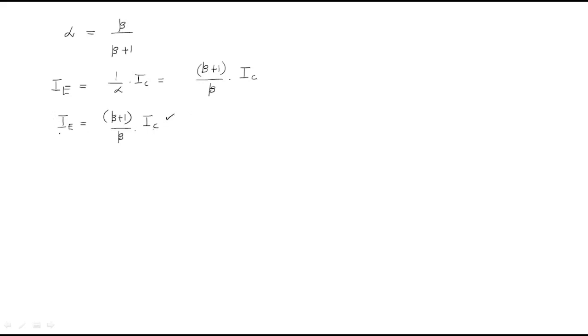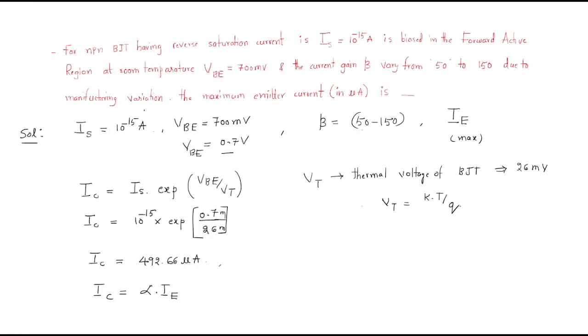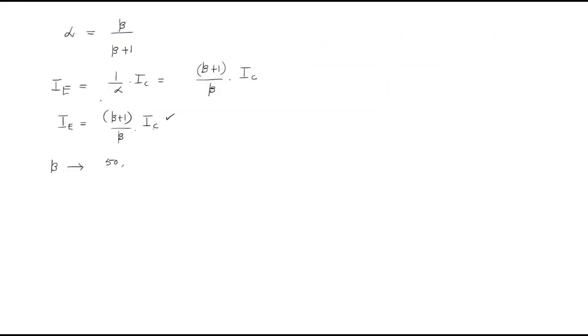We have the collector current and we need to find out the emitter current. But beta has two values, one is 50, another one is 150. Just observe here, the maximum current will come with the minimum beta. Whenever we have the minimum beta we have the maximum current.